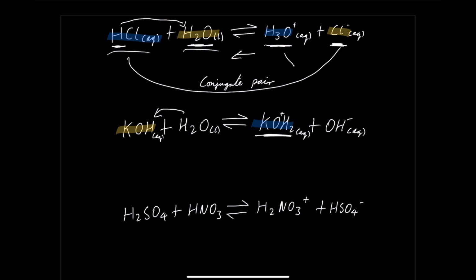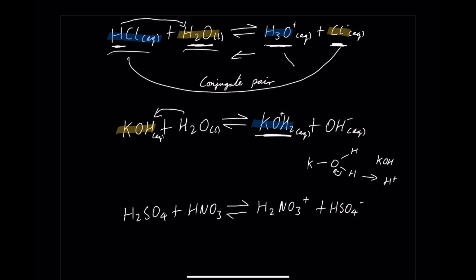So the way I understand this, it's going to want to do this, and this gets ejected off as an H plus, and you have KOH here.